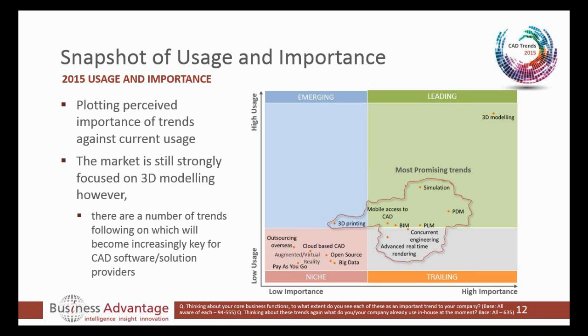And then there are a number of trends which we've described as niche at the current time, because users are saying that the usage of these technologies is low, and at the present time the importance that they're attaching to these is relatively low as well.